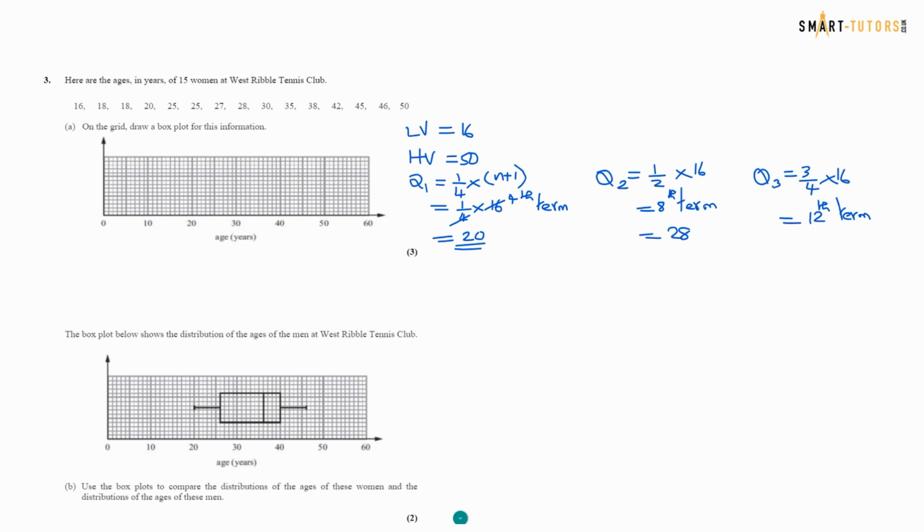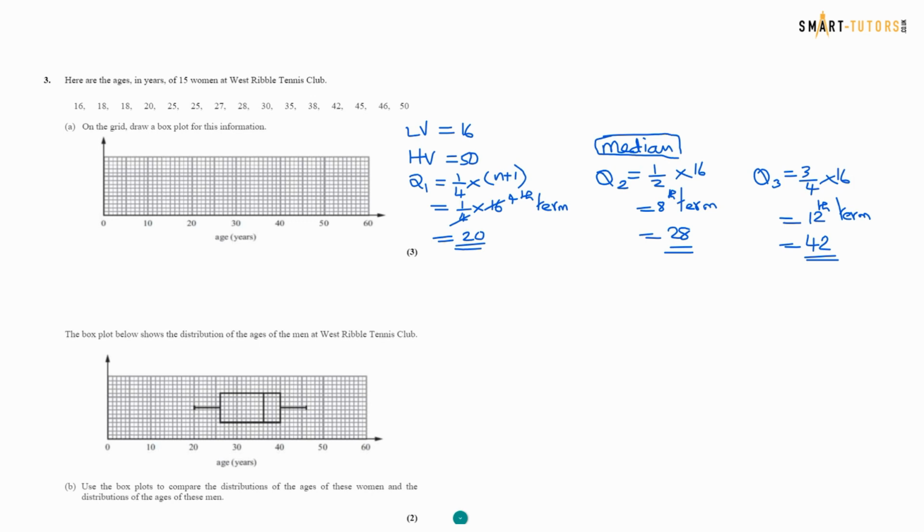Counting 1 to 12 gives 42. So that is the answer for the data. Q1, Q2, Q3 done. Remember, Q2, the second quartile, and the median are the same, the middle value.